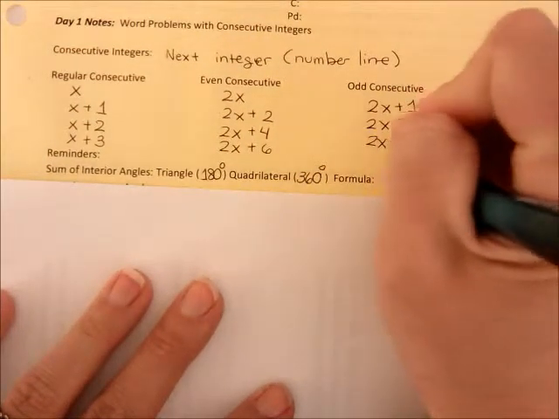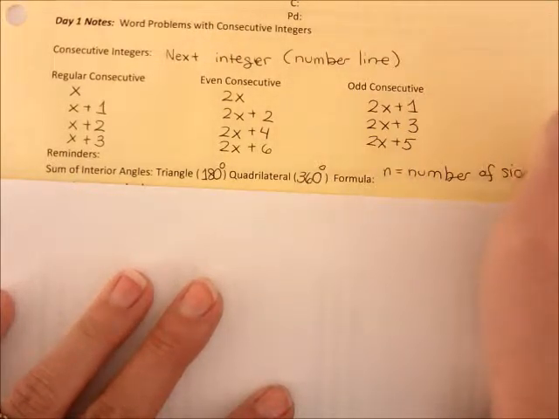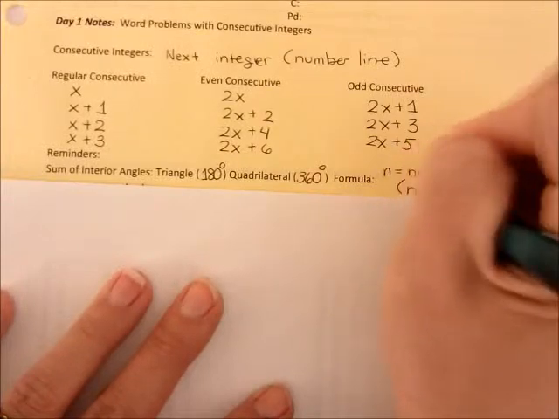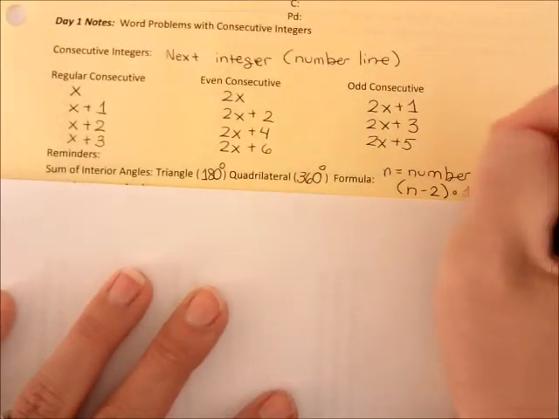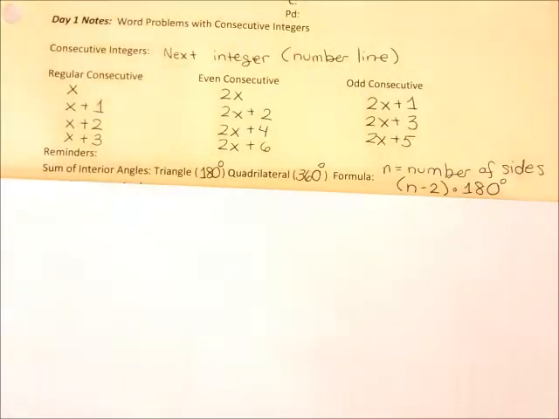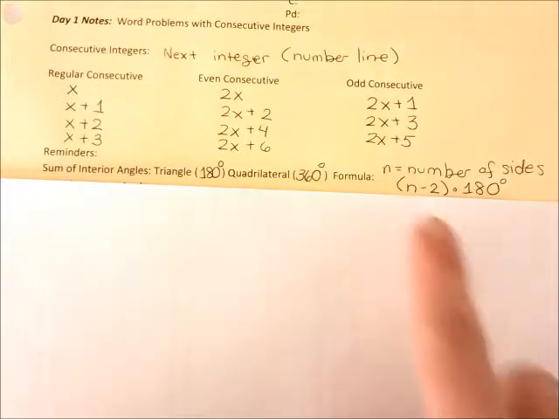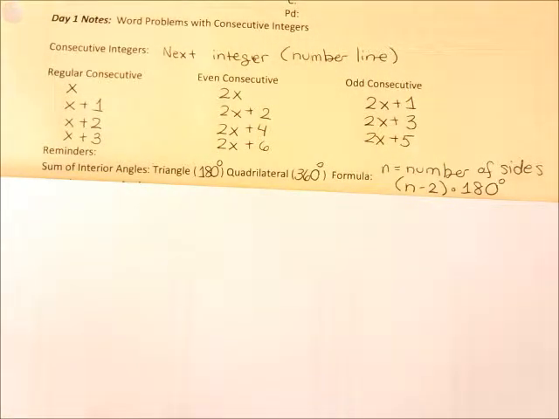So n equals number of sides. We are going to subtract 2 and then multiply by 180. So if I said pentagon, how many sides does a pentagon have? 5. So we do 5 minus 2 times 180 and get up to 540.